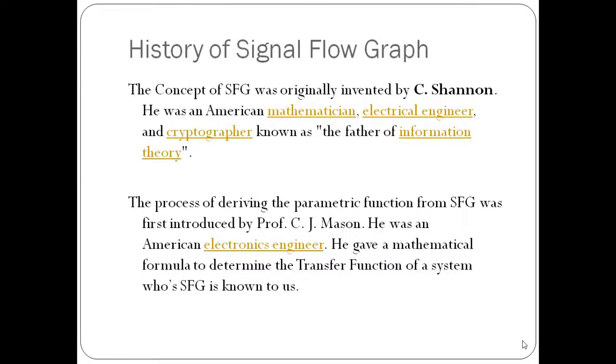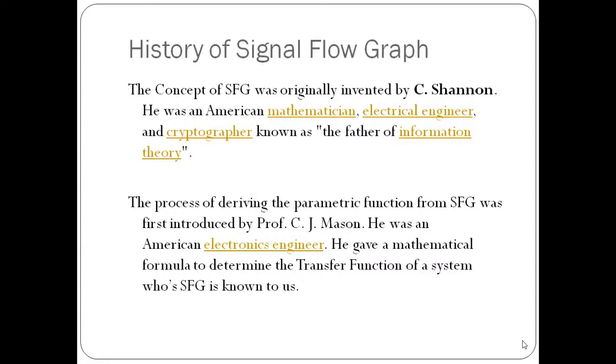As far as the history of signal flow graph is concerned, the concept of SFG was first invented by Professor C. Shannon, and how a signal flow graph is used to find the transfer function of the system was introduced by Professor C.J. Mason, and he proposed a formula to calculate the transfer function of a system if the system is represented in the form of a signal flow graph. That formula is called Mason's gain formula.